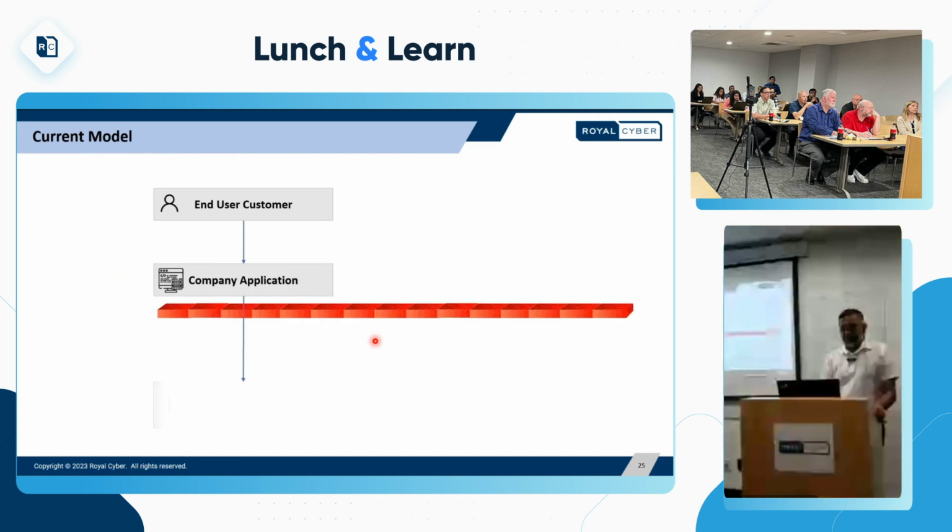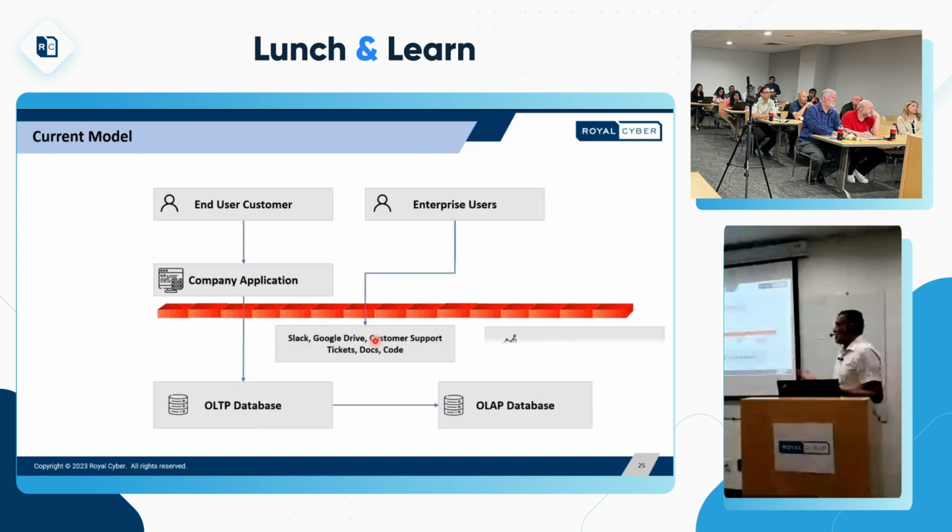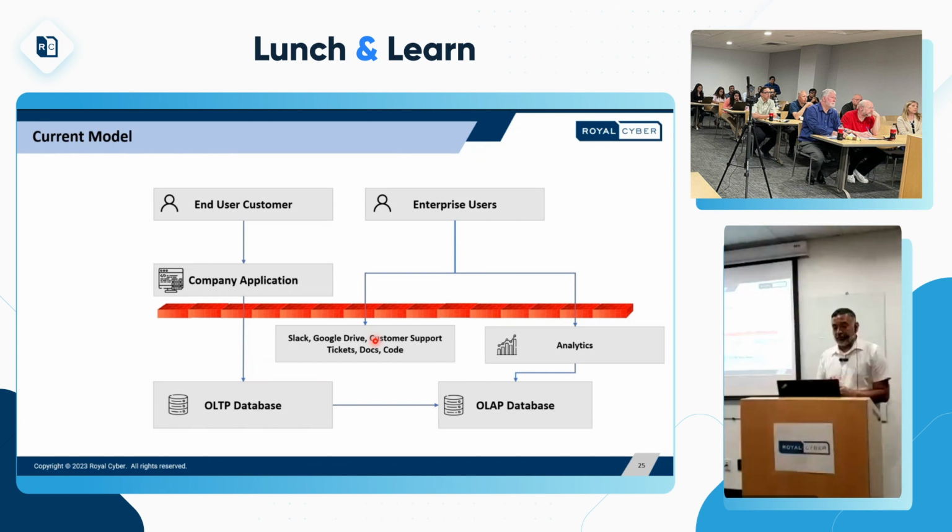So this is what happens in most organizations. In the current model, you have some sort of company website where your customers come in to check an order or anything, and you have a firewall, and all of your databases are sitting behind the firewall.